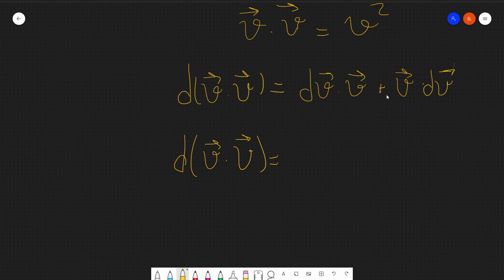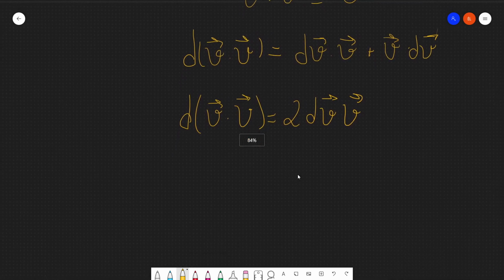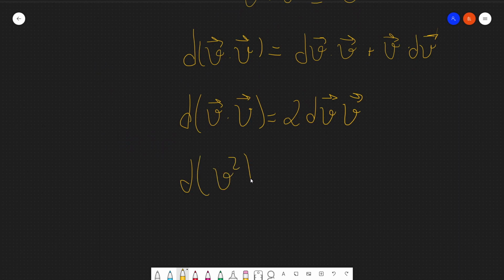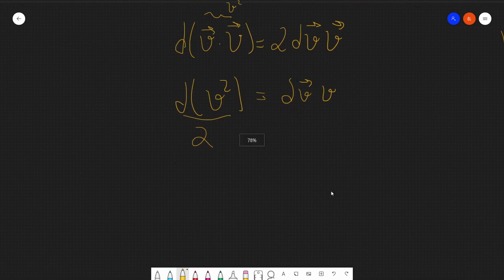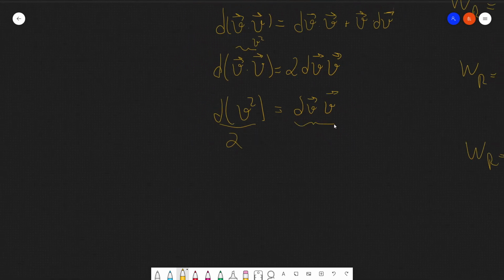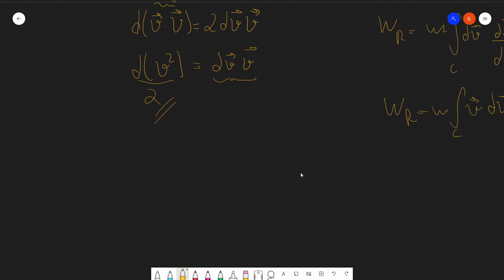This equals, not going to be fancy, just going to write it the way it is. Cool. So we know for a fact that this is v squared. So we know for a fact that this over 2 equals dv v. Aha! So I turn this horrible thing into this much more manageable thing.